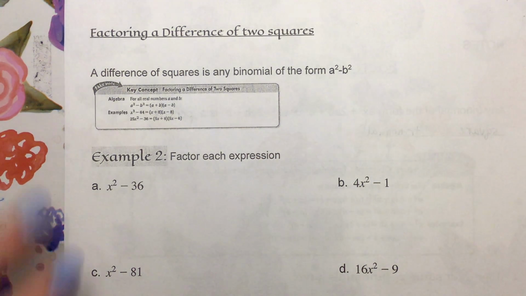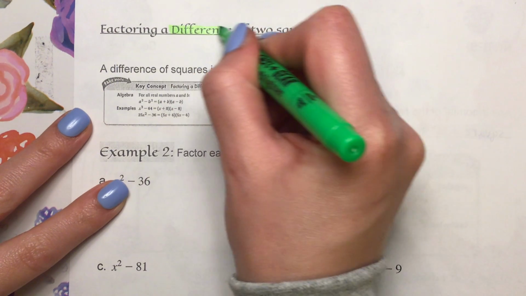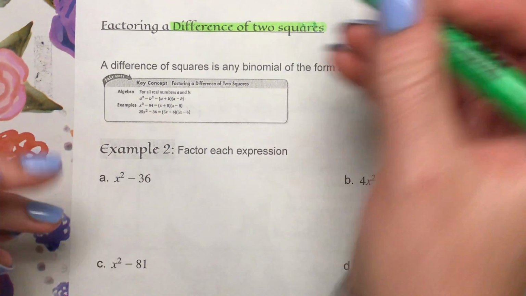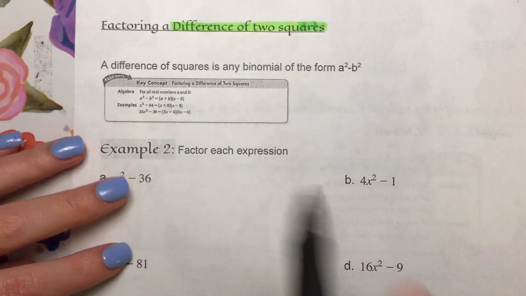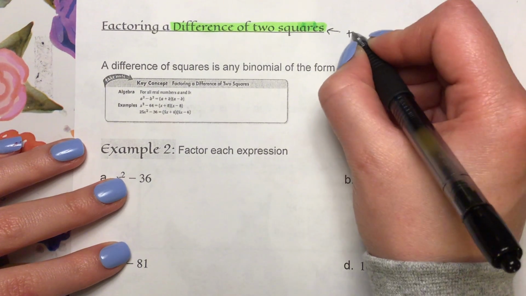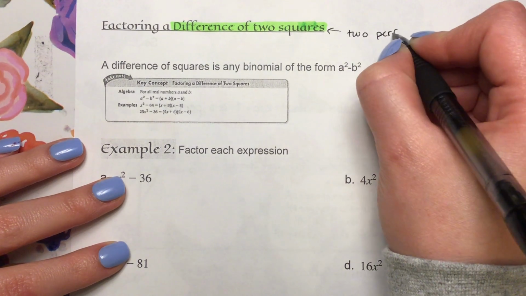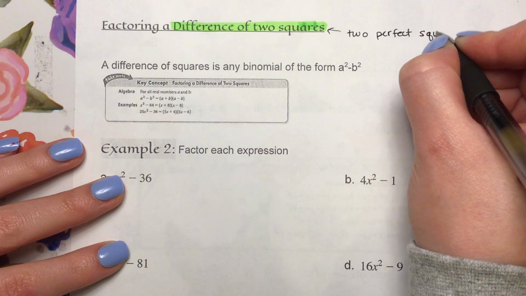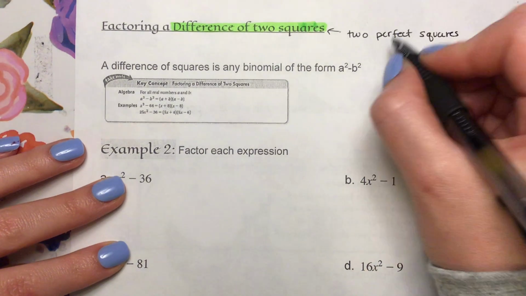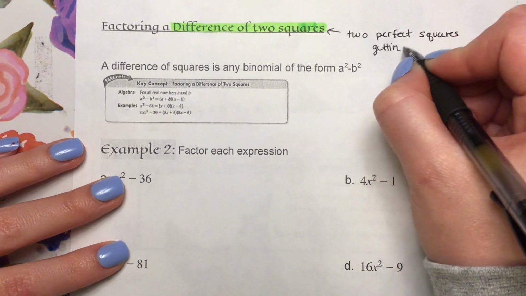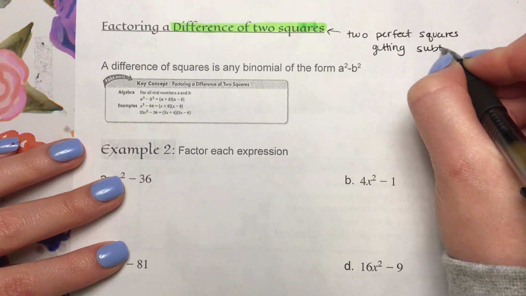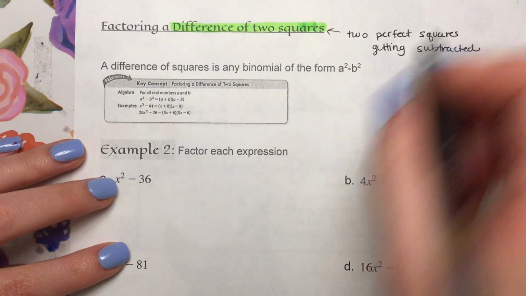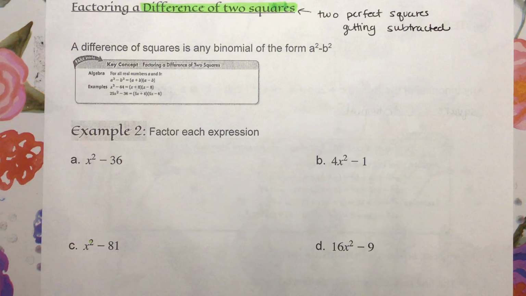A difference of squares is when you have two perfect squares getting subtracted. That's all this is.